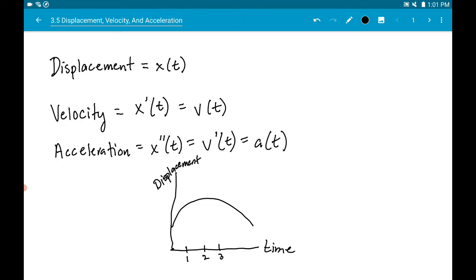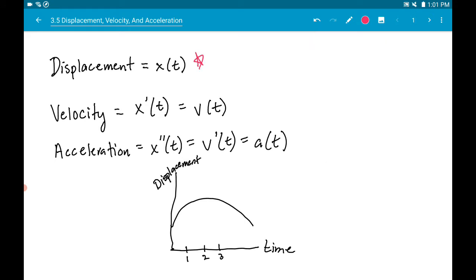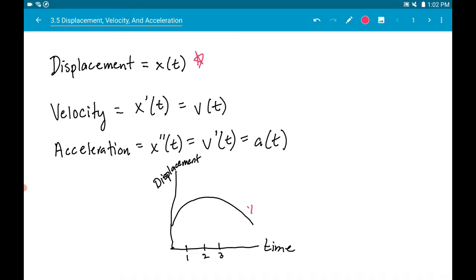If we represent that with this displacement function, there are some relationships that original function has with the velocity of the object as well as the acceleration. And so there's some new notation. You might think of displacement as an f of x. I'm going to label it as an x of t to introduce some of this. But the first thing to take note of is that the velocity of an object is the derivative of that object.